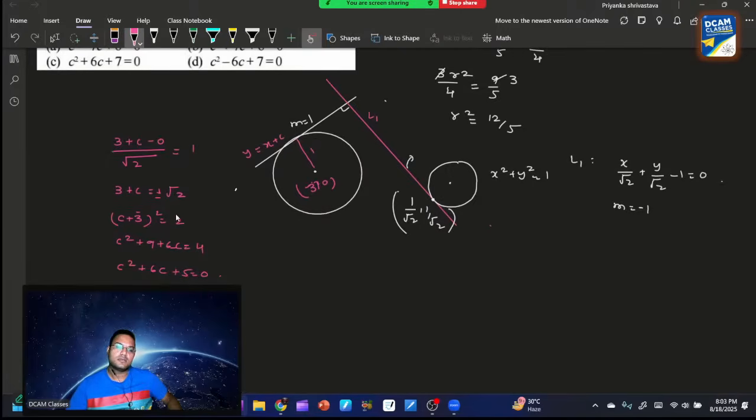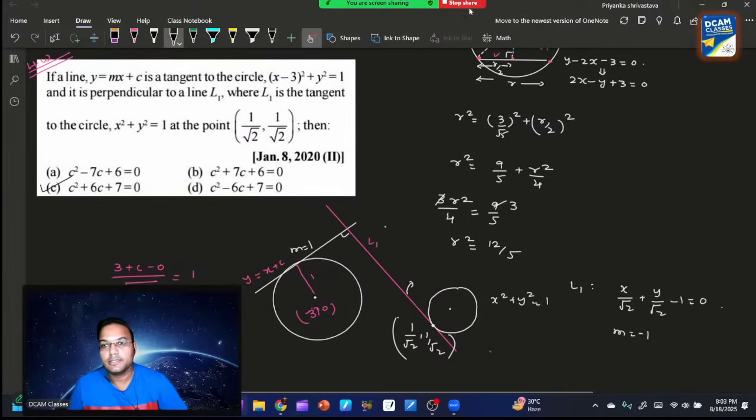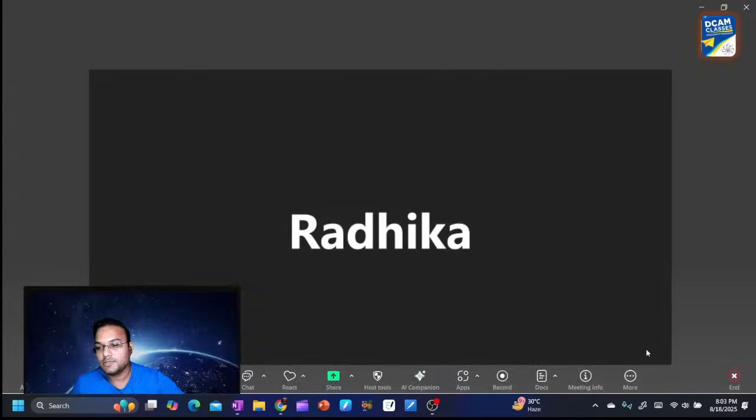Oh, root 2 squared will become 2. So 7, it became 7. c square plus 6c plus 7 is equal to 0. Okay, let's end it. It was easy only actually.